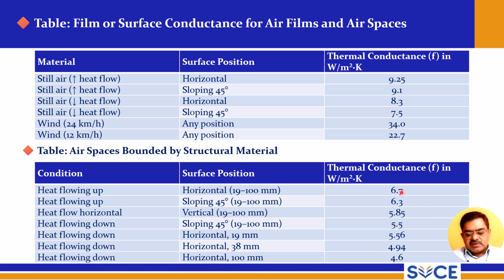So these are all the thermal conductance values varying. So for horizontal heat flow up, it is 6.7, and coming down, for horizontal 100 millimeters thickness, it becomes like an insulator.